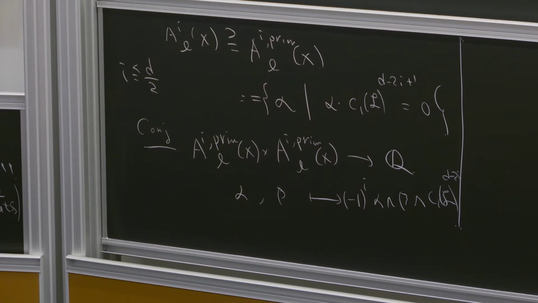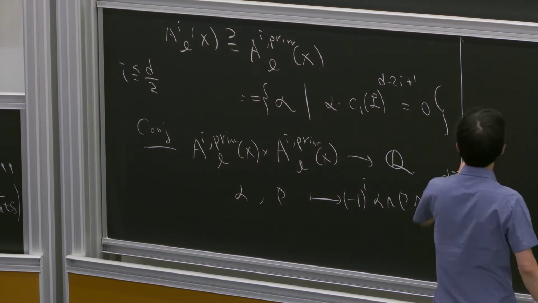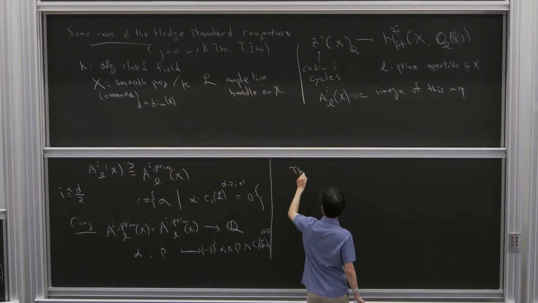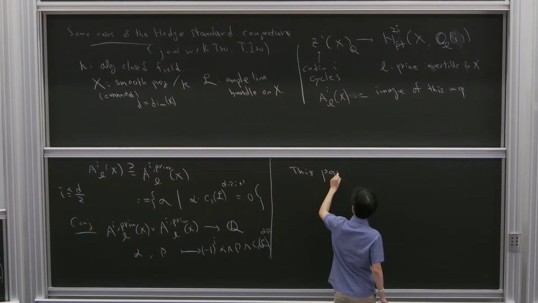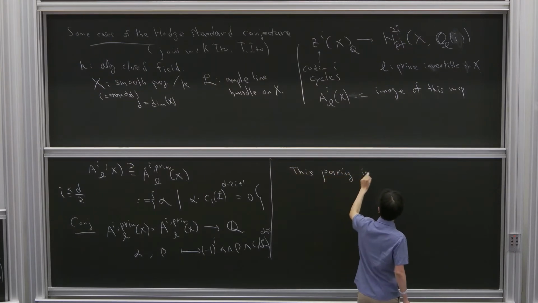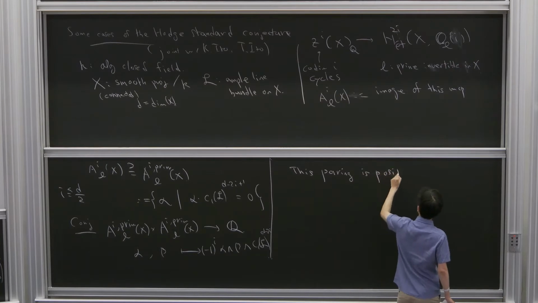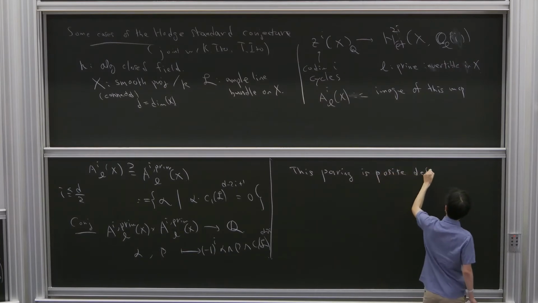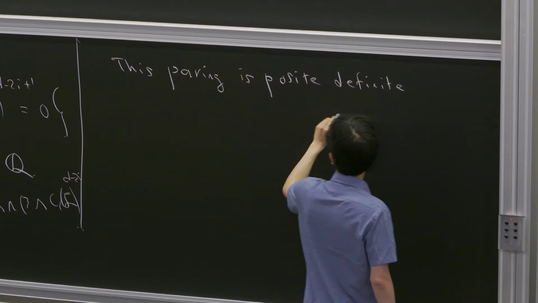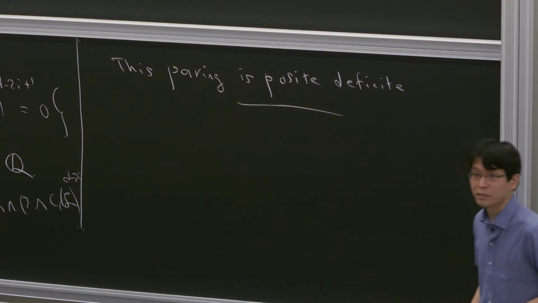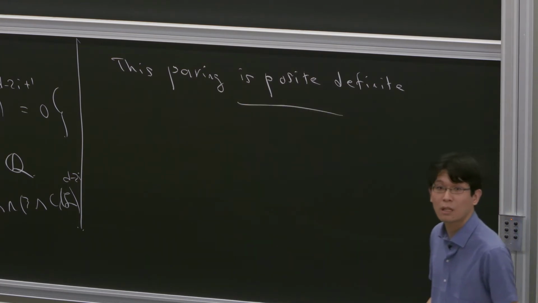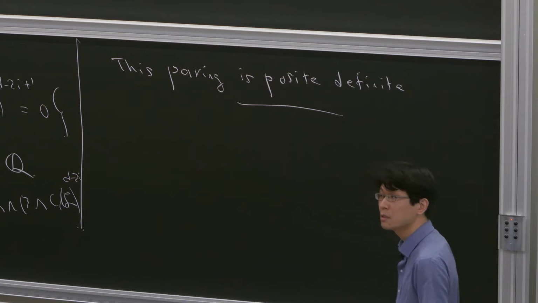Okay, so this pairing is positive definite. So this is the Hodge standard conjecture. Any questions?